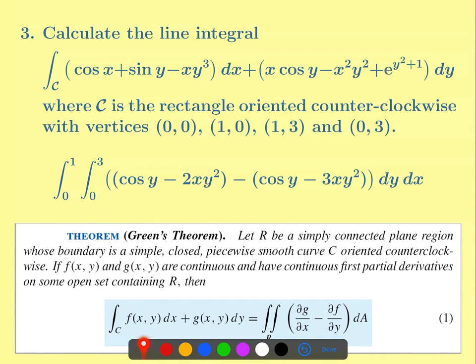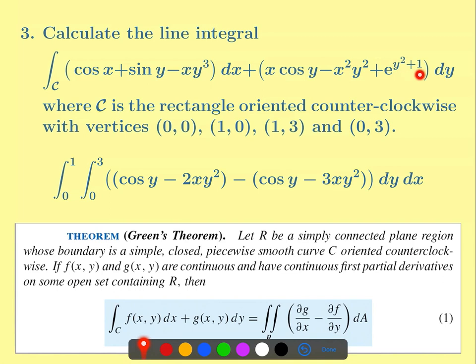Then we want to subtract, the minus sign there, the derivative of what's in front of the dx here, this, with respect to y. So we get 0 for this part. This will be cosine of y. 3 will come down. I'll have minus 3xy squared for this part. So I get cosine y minus 3xy squared.